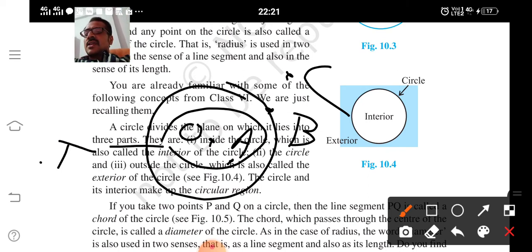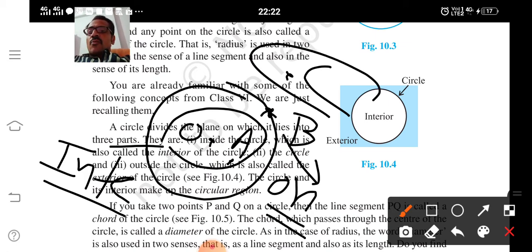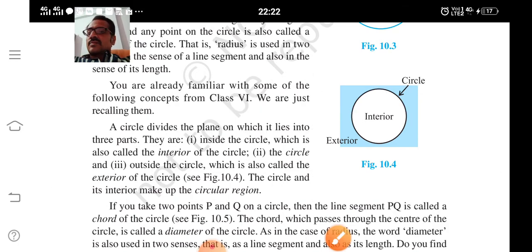Obviously they are interior points of the circle because both points lie inside the circle. If I ask you what about point B, you must say point B is on the circle, and point C is exterior of the circle.